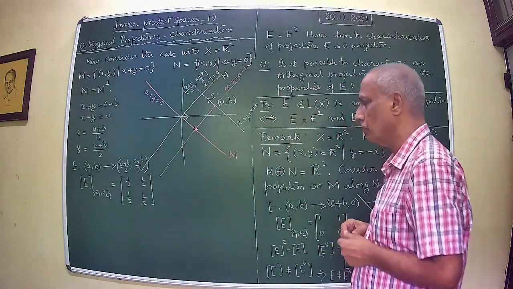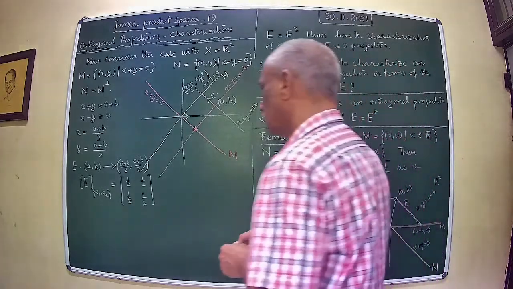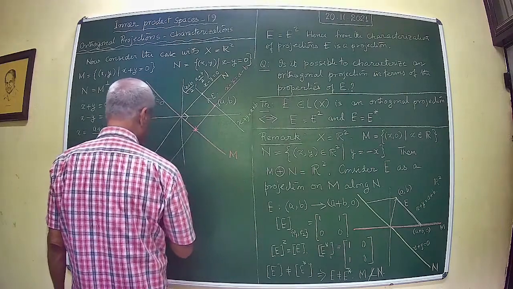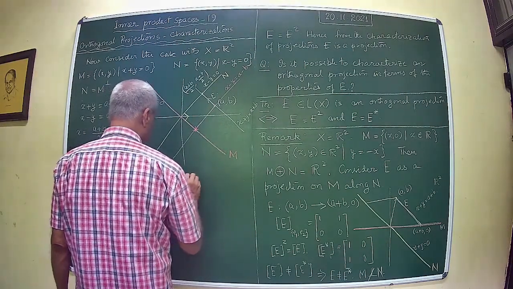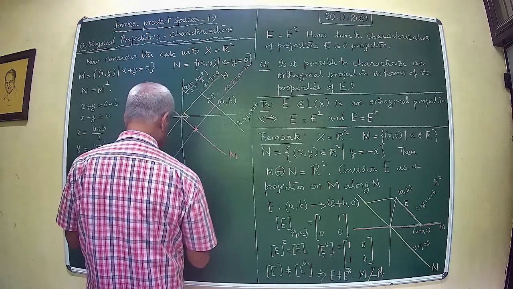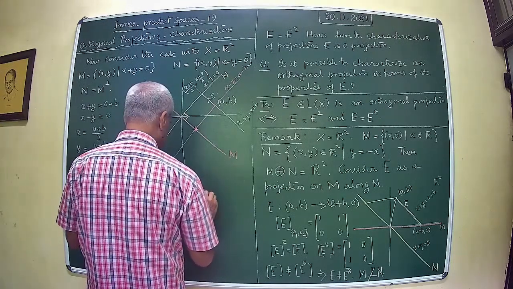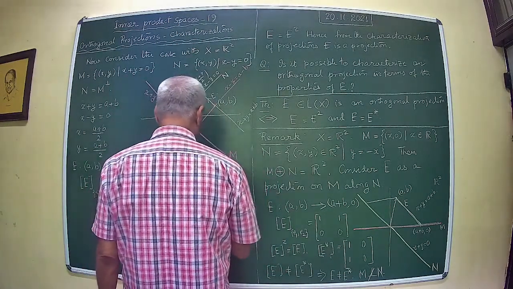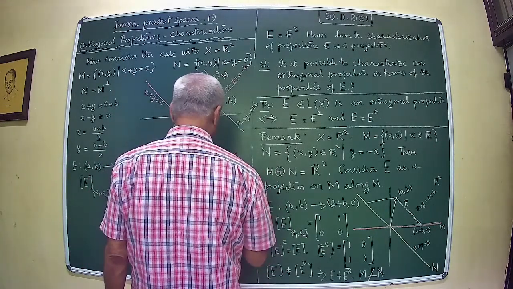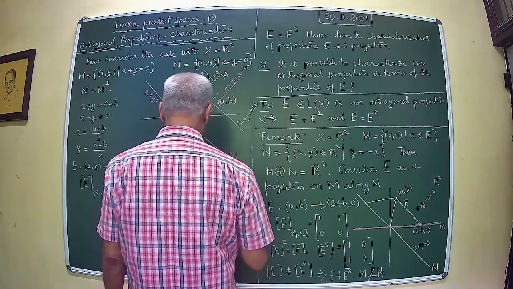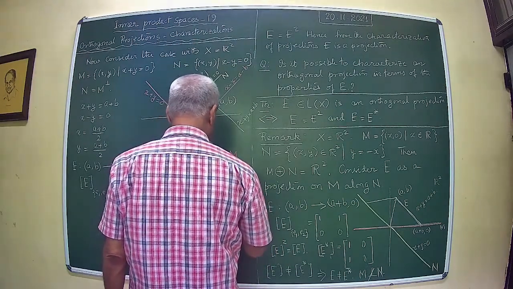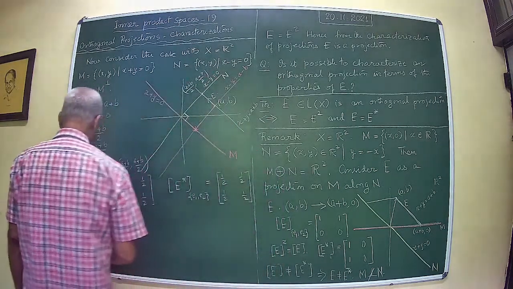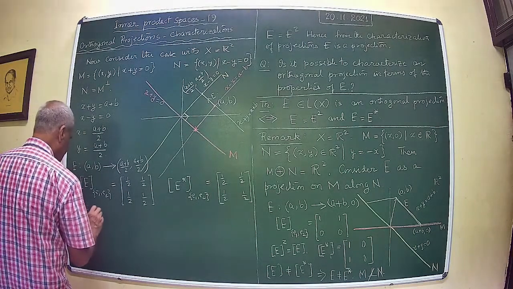Now look at the matrix of E star. It is the transpose conjugate of this. This is again equal to the same matrix. So in this case E equals E star.